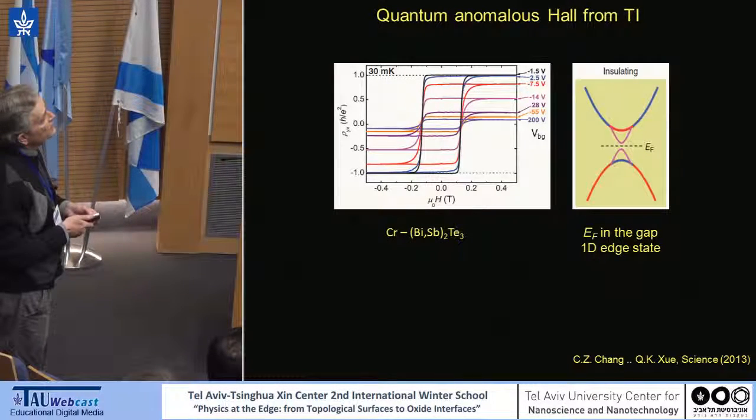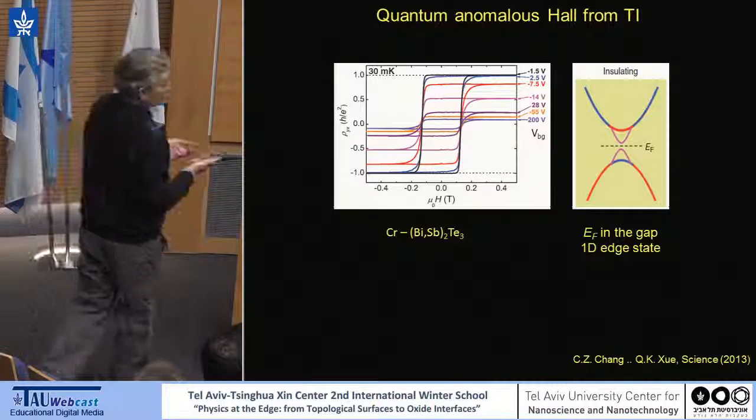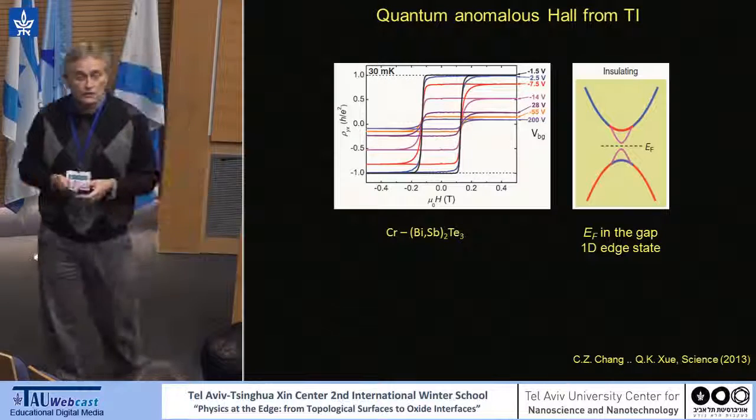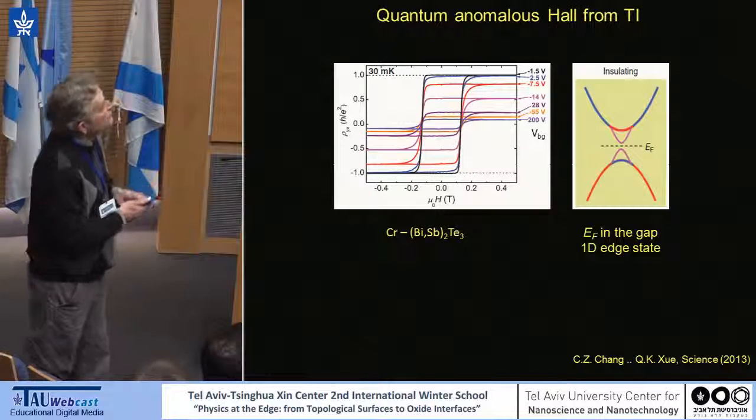So when the Fermi energy is in the conduction band or in the valence band, you have essentially regular anomalous Hall effect. This is your coercive field due to the ferromagnet. And the value of the rho xy that you get is inversely proportional to the carrier concentration and proportional to the magnetization.